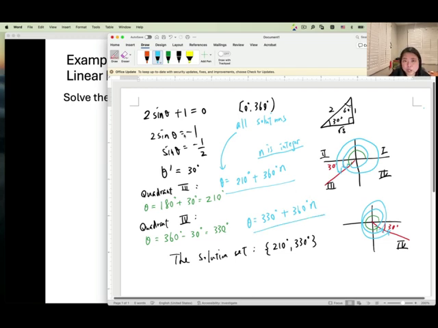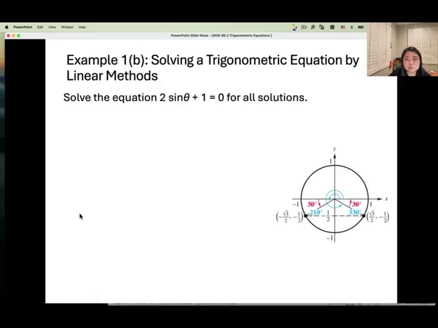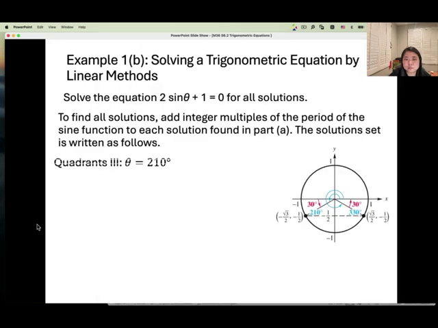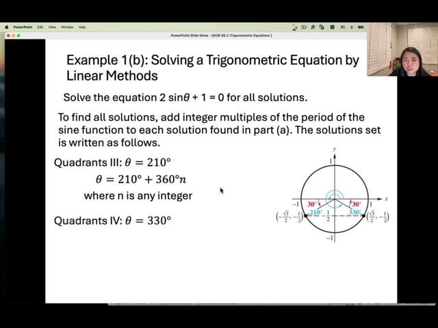And one more time, if the interval is given in degrees, you have to use degrees for everything. If it is given in radians, please find all the solutions and the final answer in radians. So theta will be the first angle plus 360 degrees times n, and n is any integer.